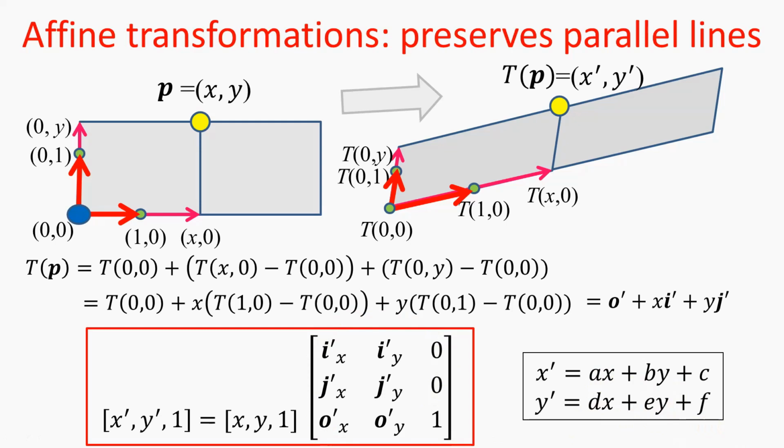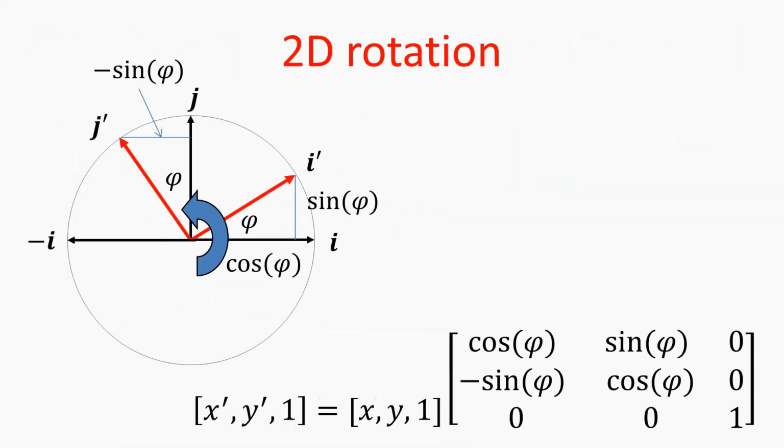It's enough to see what happens with the basis vectors and the origin, because these 3 components determine the 3 rows of our 3 times 3 matrix. Let us use this knowledge to find the transformation matrix for classical affine transformations.